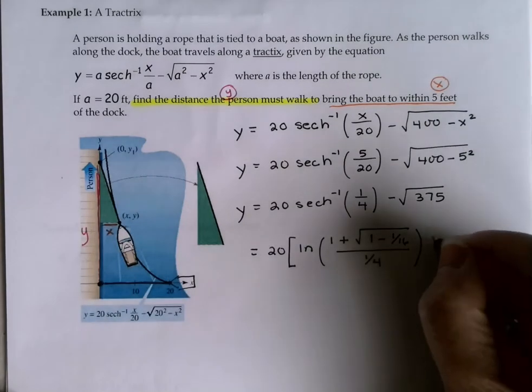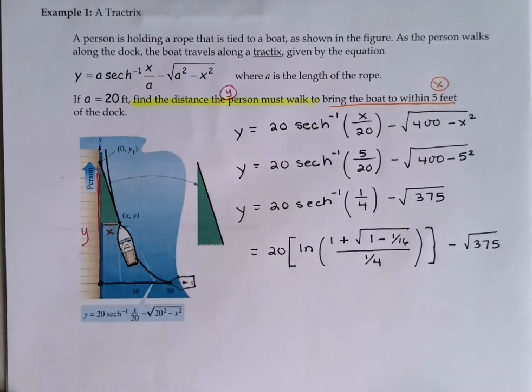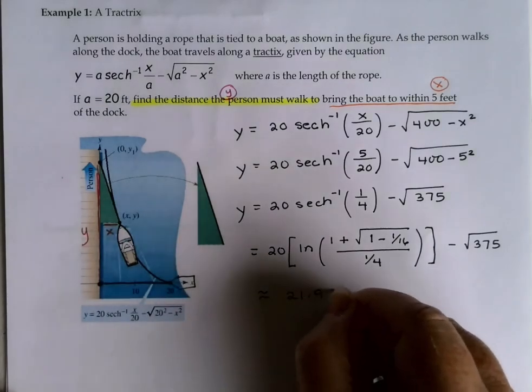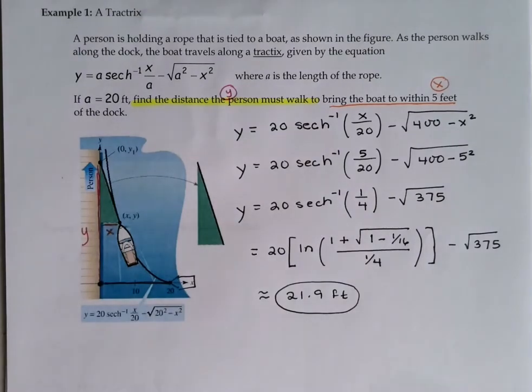And then we have minus that square root of 375. And this now becomes something I can just plug into a calculator. It comes out to about 21.9 feet. All right, so again, a physical application of the inverse hyperbolic secant. One example would be the Attractrix.